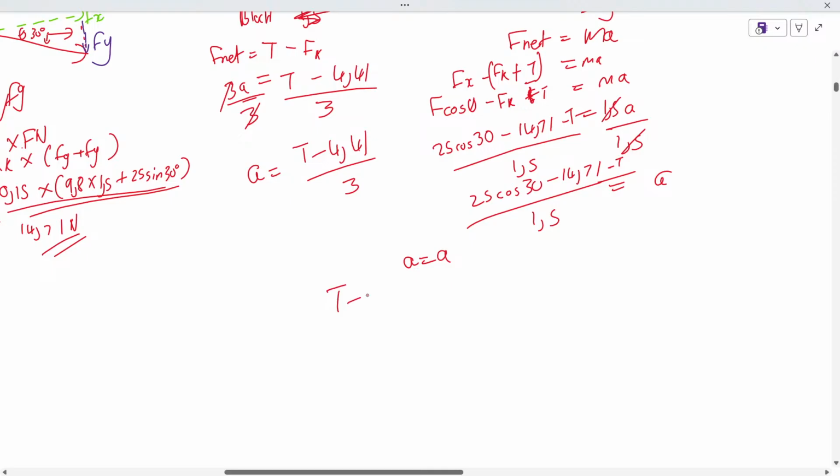We say T minus 4.41 over 3 equals 25 cos 30 minus 14.71 over 1.5.